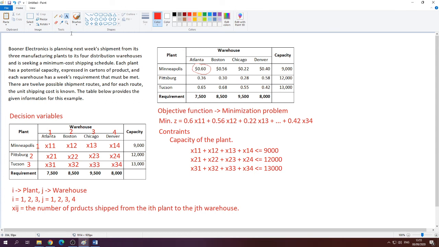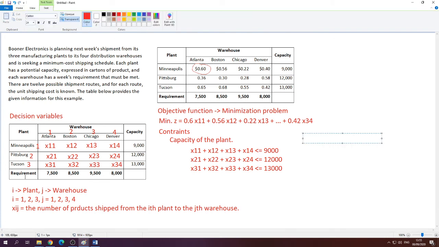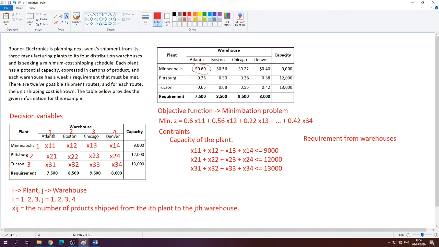The second constraint that we have is the requirement or the demand from the warehouses. The warehouse in Atlanta requires 7,500 units of product.